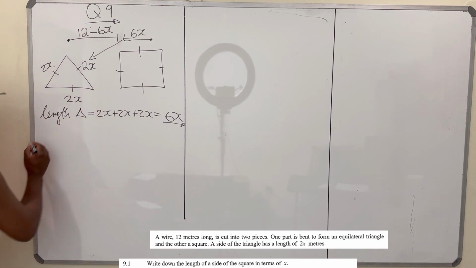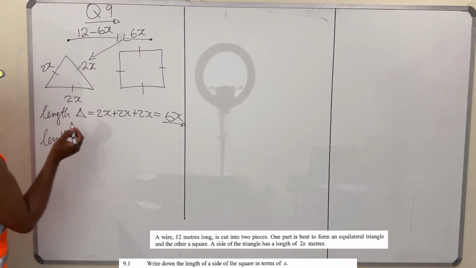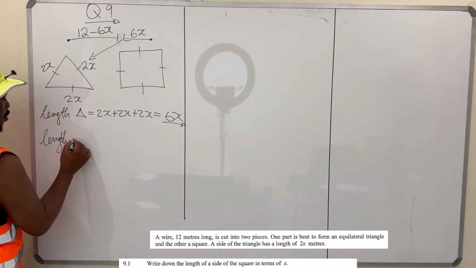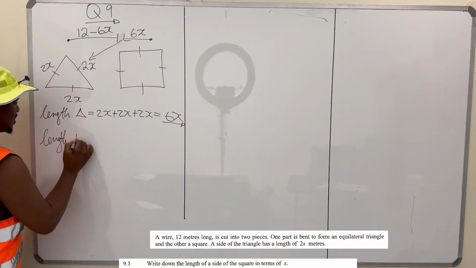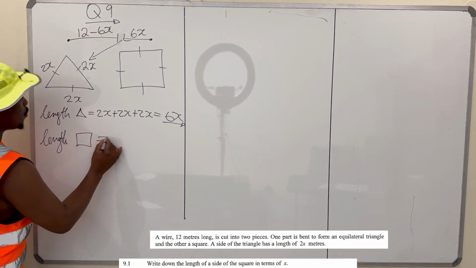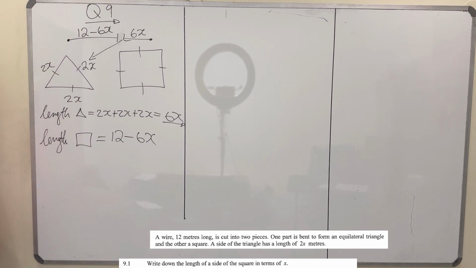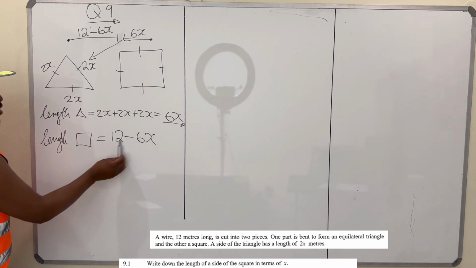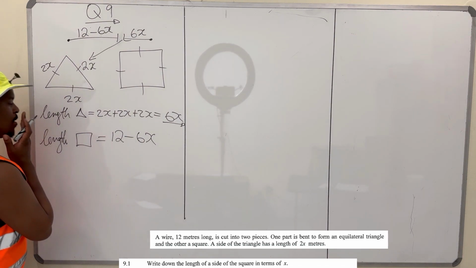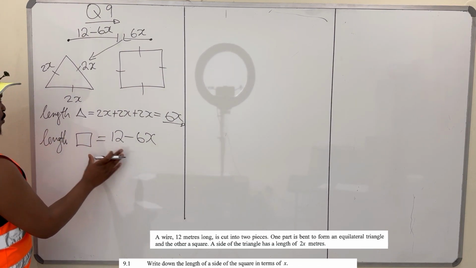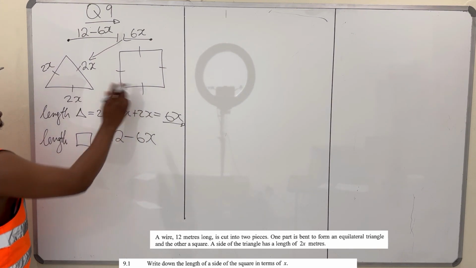So now the total length of wire that is used to make the square is 12 minus 6x, right? And what else do we know? What we know is that we use this amount of wire to make a square, and the square has 4 sides.